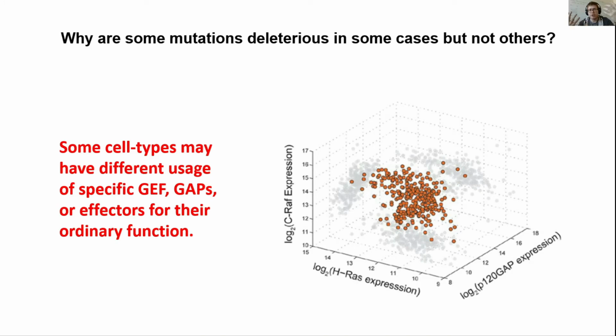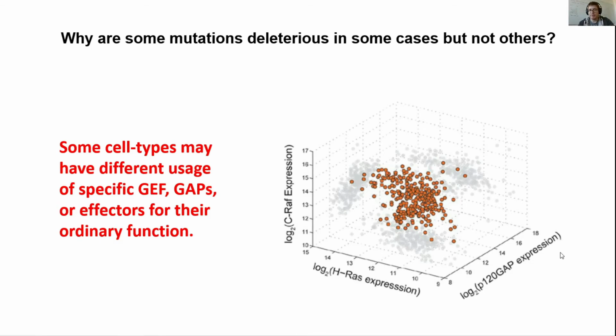One thing you should think about is that inside your body, you have many different cell types that have many different gene expression profiles. A muscle cell is different from a neural cell, different from a pancreatic cell, and so those different cells may have different usage of specific GEFs, GAPs, or effectors as part of their ordinary function.